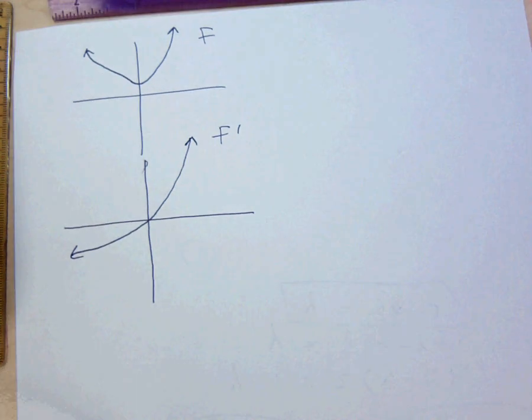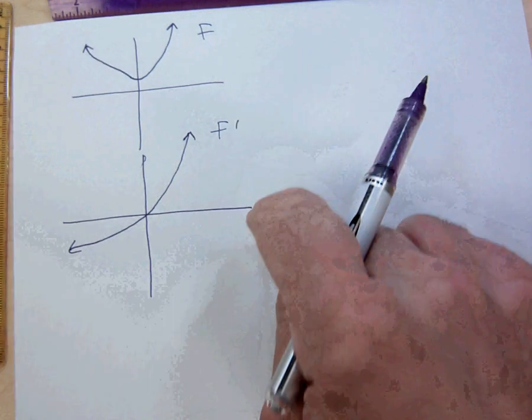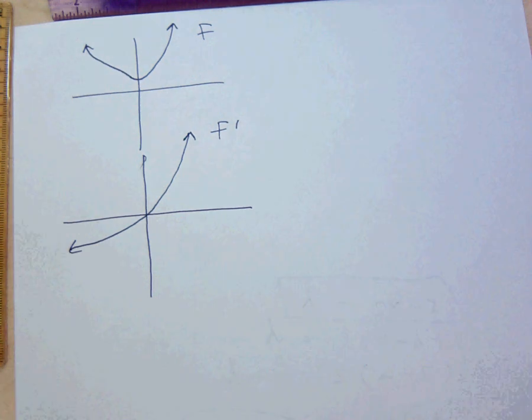This is kind of like one of those test problems on the last test where you have to match the graphs of f with the derivative graph. Okay, so what I want you to see is this.